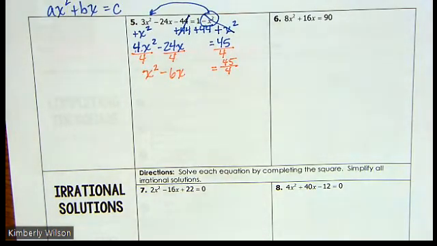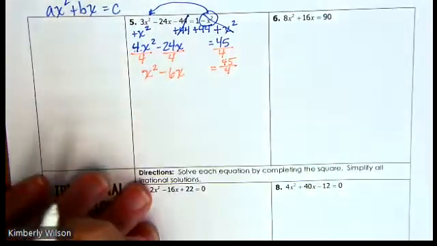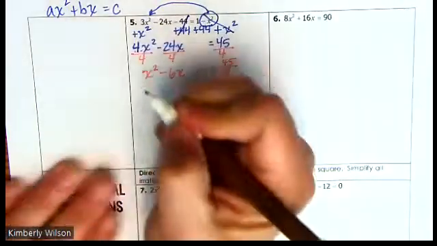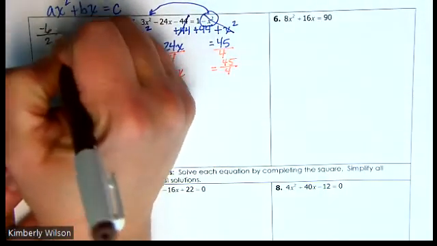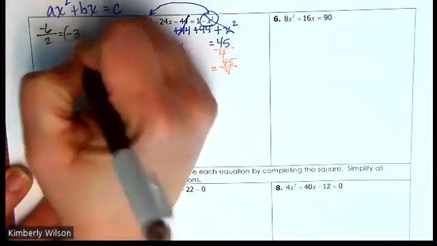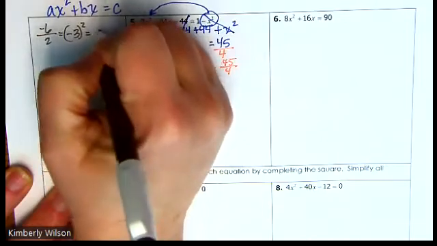Okay, now we figure out my c. So I take -6, divide by 2, that gives me -3 squared, which is 9.